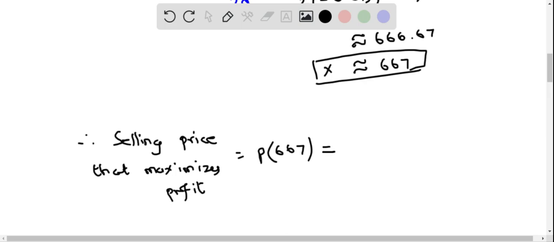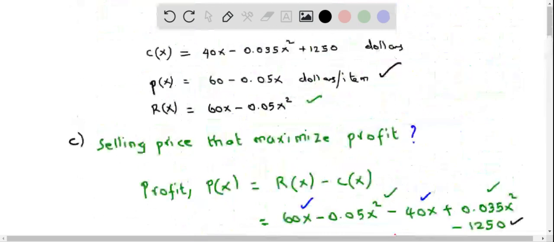Notice that this function is the demand function, not the profit function, so I have to replace x by 667 in it.